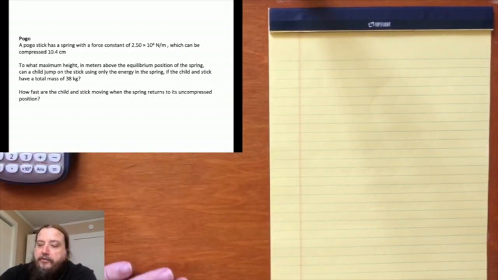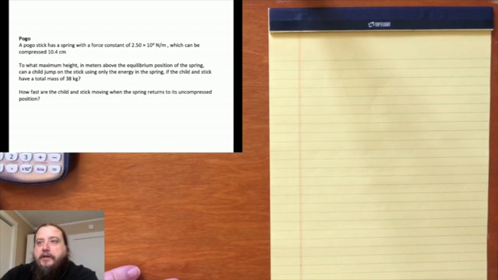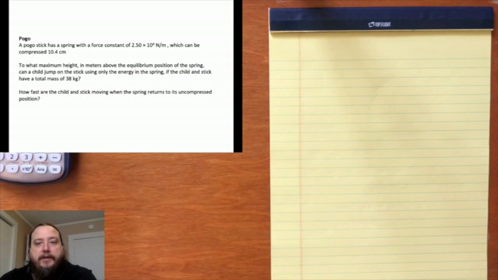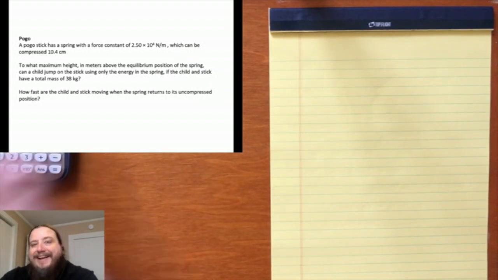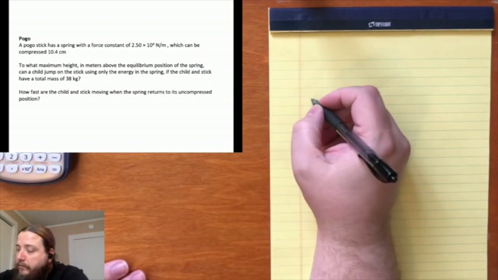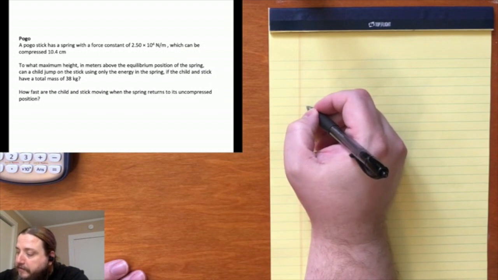So these vertical spring compression problems can be a little bit tricky because you have to be careful to be aware of exactly what's being asked. So, for instance, let me illustrate that. In this case, we have to draw our picture very carefully, right?